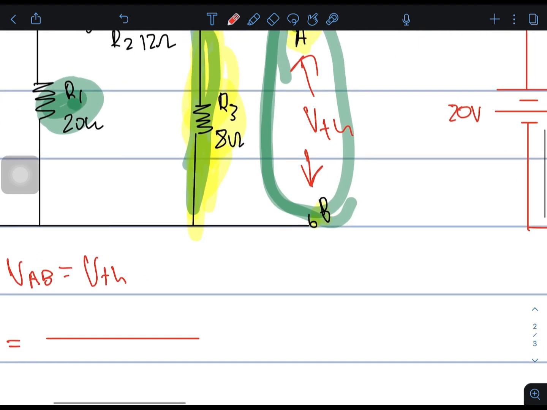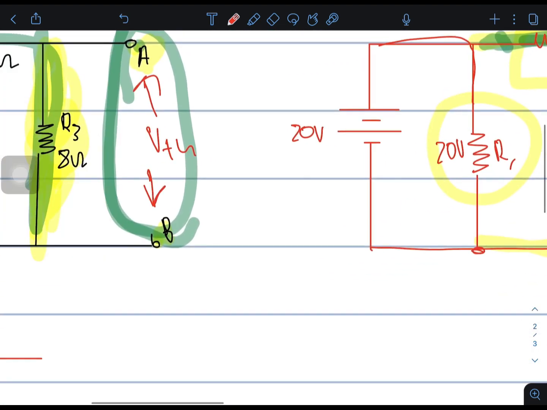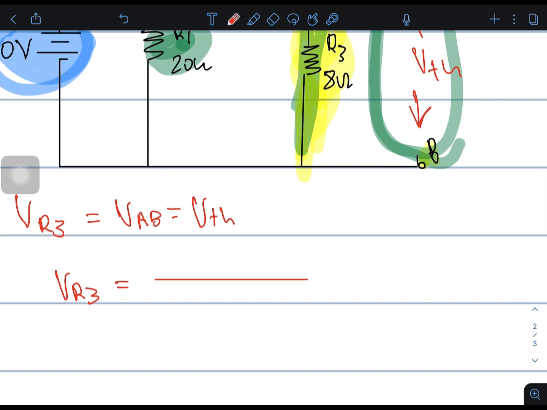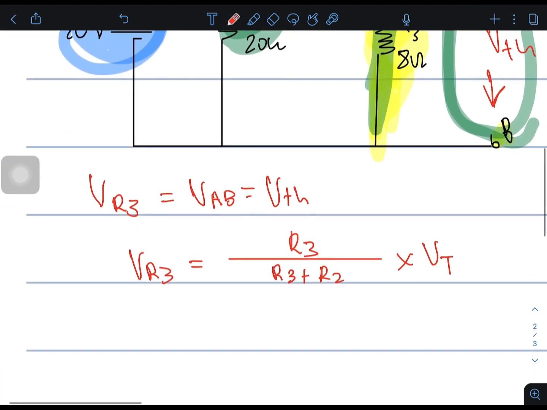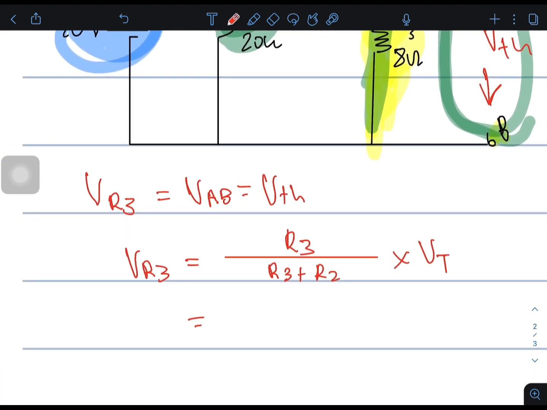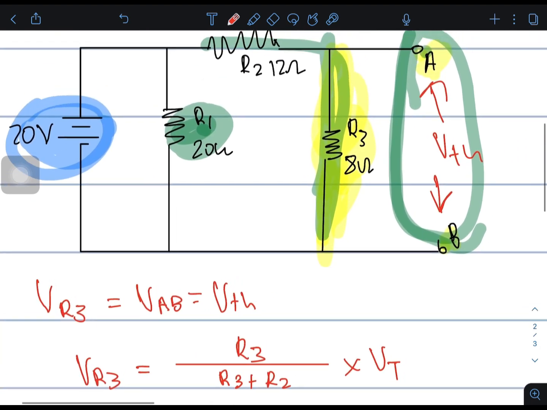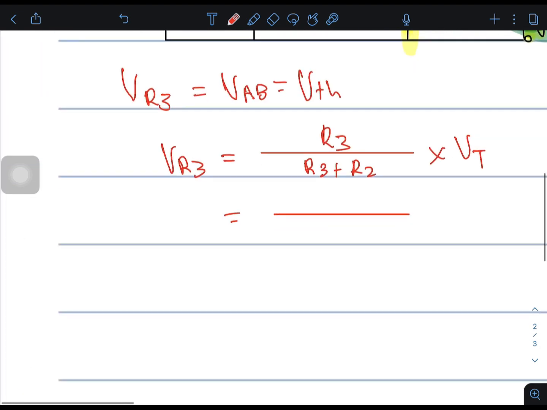Okay, which is R3 plus R2 times VT. Okay, so what is my R3? My R3 is 8 ohms.